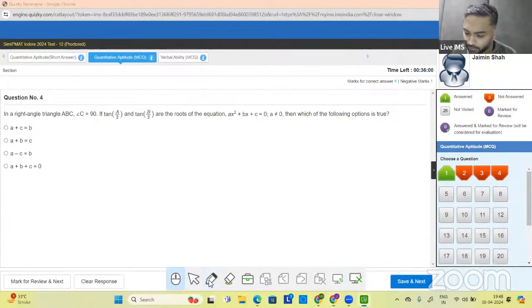In a right angle triangle ABC, angle C is equal to 90 degrees. If tan of A by 2 and tan of B by 2 are the roots of the equation, this, then which of the following is true?